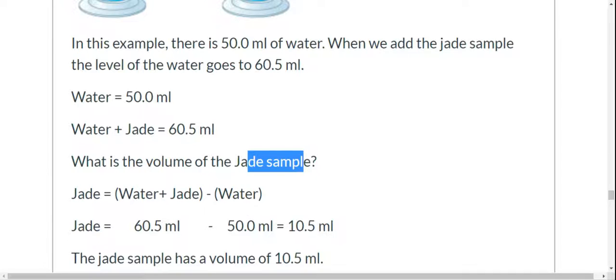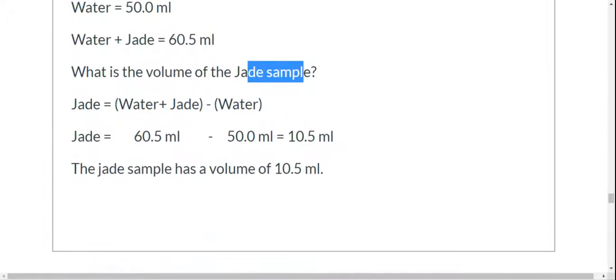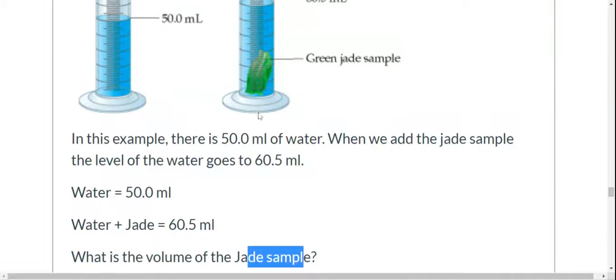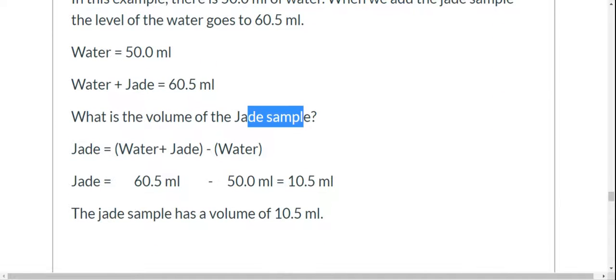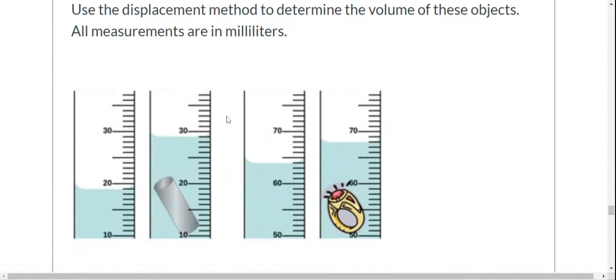The water itself is 50, so 60.5 milliliters minus 50 milliliters is 10.5 milliliters. So the jade sample has a volume of 10.5 milliliters. And so that's how we use this property of displacement to determine volume of irregular objects.